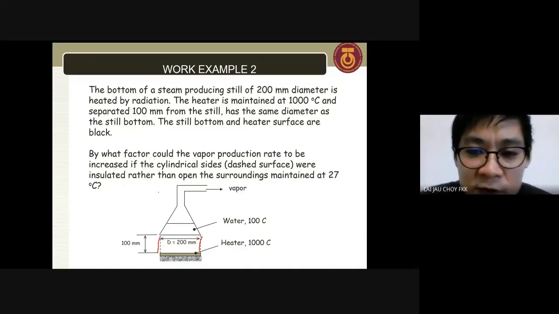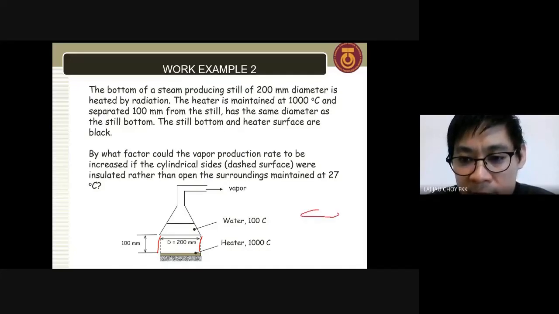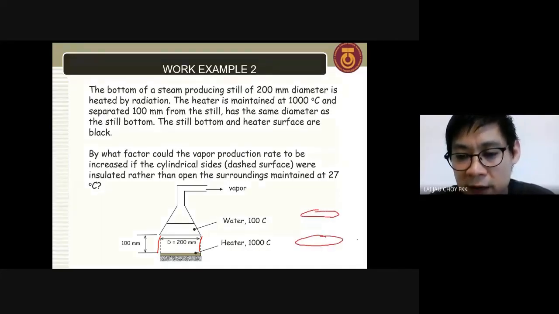So basically, there are two scenarios. Scenario number one, you have two circles, and in between them, there is nothing.